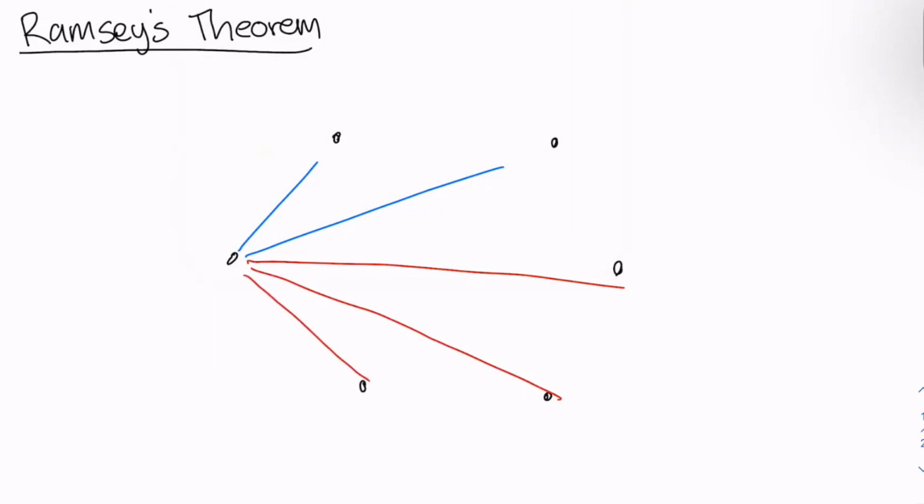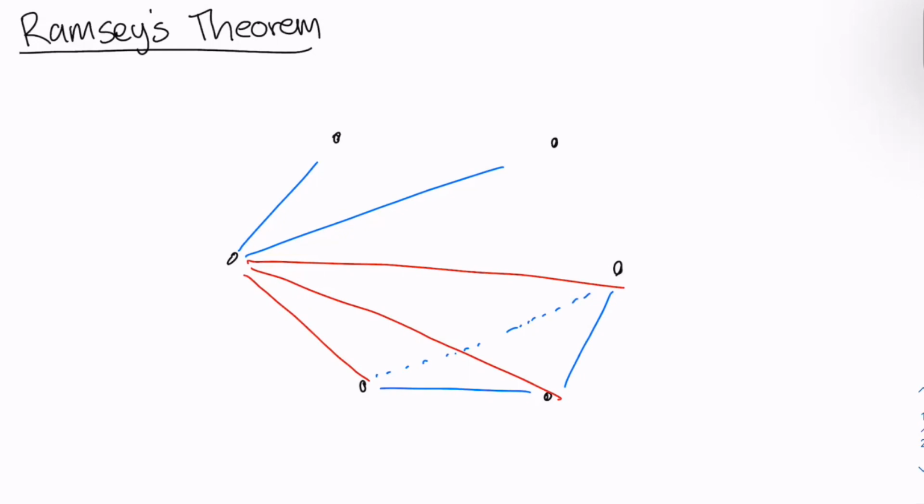So without loss of generality, let's just assume that they don't know three people. Okay, the same argument could be made if it's three people they do know or more. So if they don't know three people, then in order to avoid having these red triangles here, these people have to know each other and these people have to know each other. And actually, these people have to know each other. But if I draw a blue line in there, then I'm going to have a blue triangle.